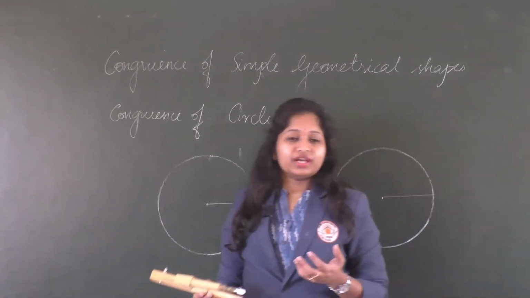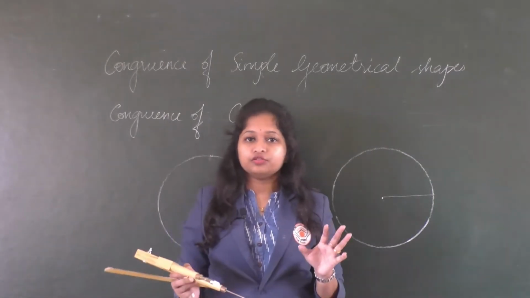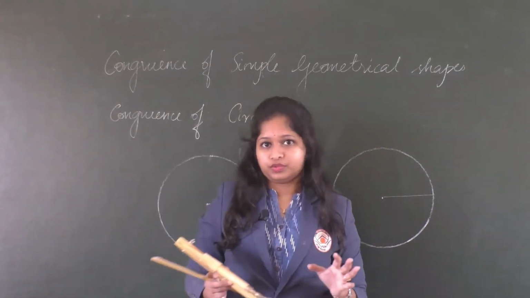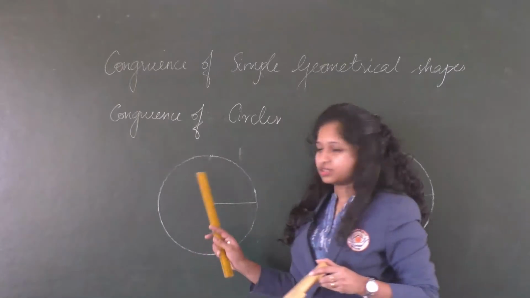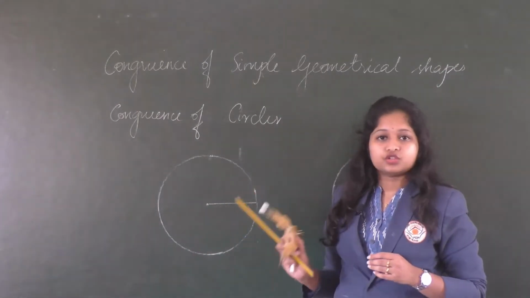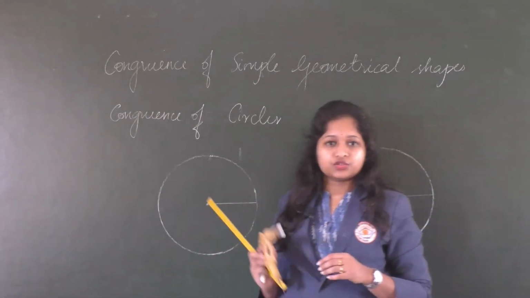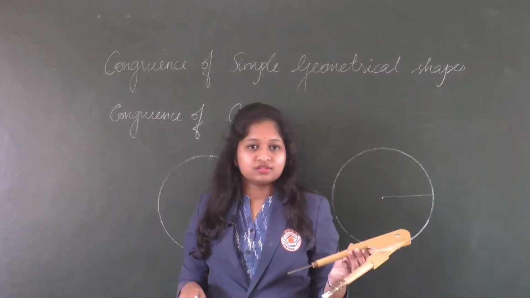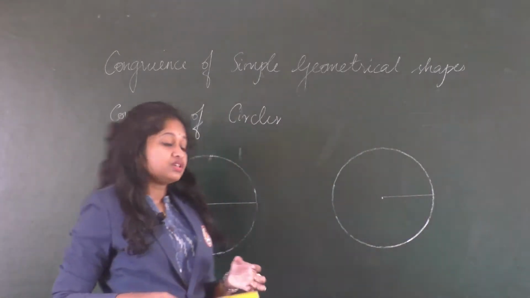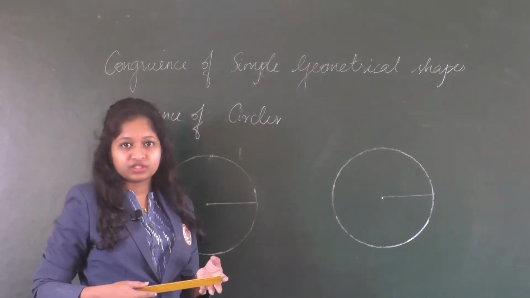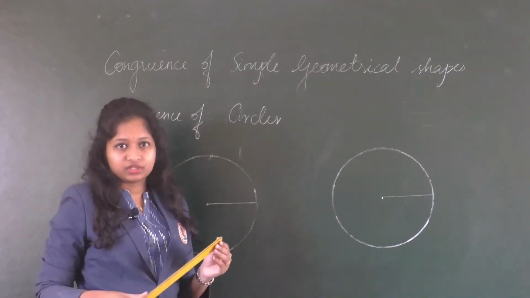So you know that all the circles are of same shape, isn't it? All the circles look like this. So draw a circle using your compass with different radius and with same radius.